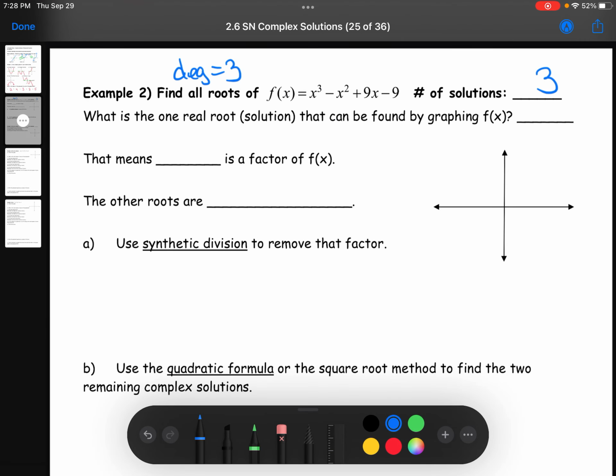So let's talk about what's going on with those other solutions. The one real root solution we have is x equals 1. That means x minus 1 is a factor. Now, we can't see those other roots. Those other roots are imaginary.